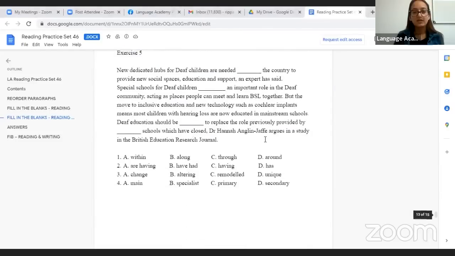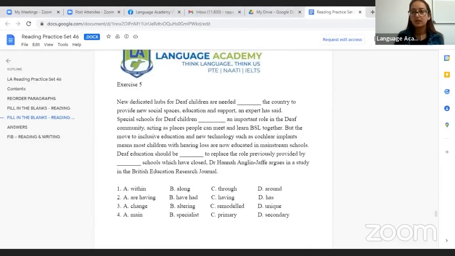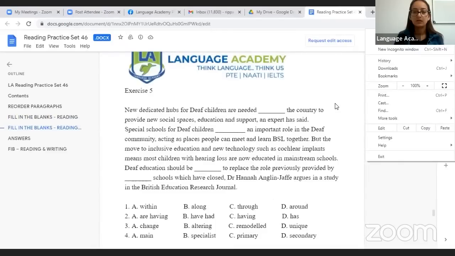Okay, so the last question for reading writing blanks for today, a comparatively smaller one.